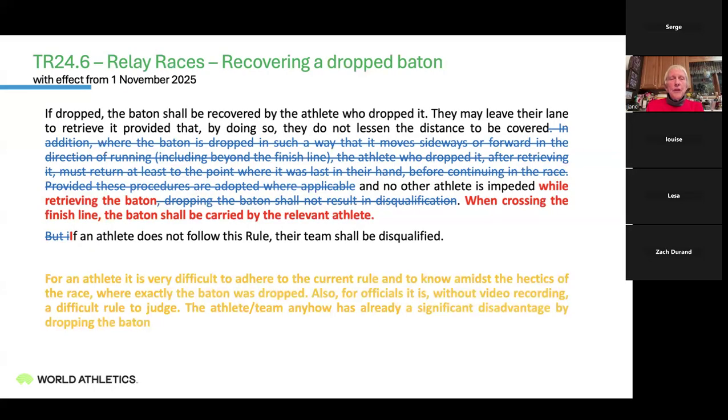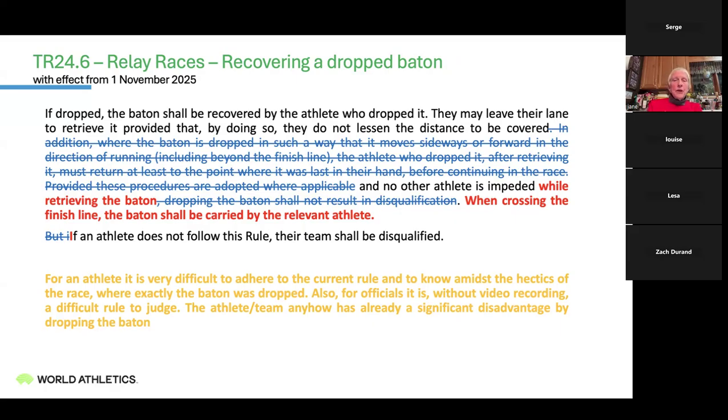They may leave their lane to retrieve it, provided that by doing so, they do not lessen the distance to be covered and no other athlete is impeded while retrieving the baton. And when crossing the finish line, the baton shall be carried by the relevant athlete. If the athlete does not follow this rule, their team shall be disqualified.